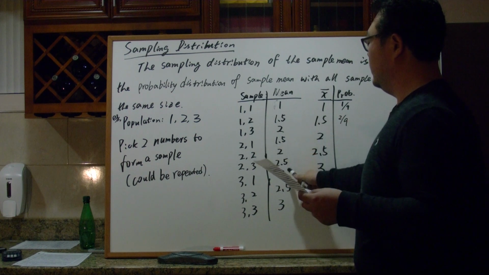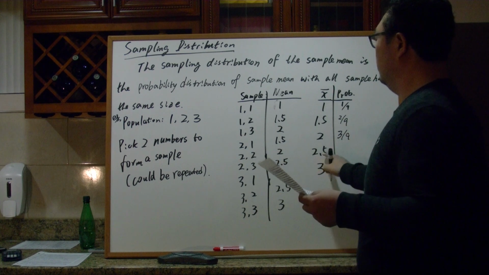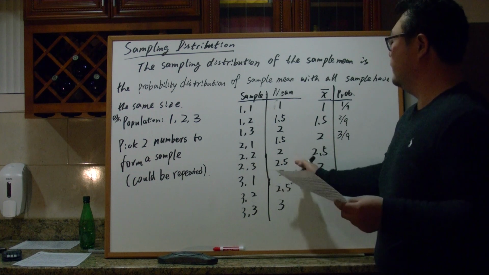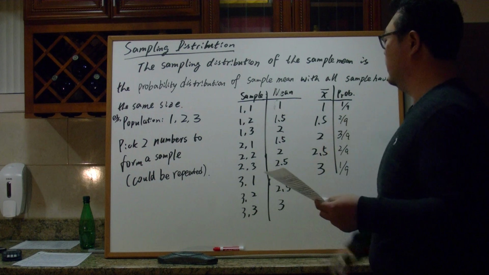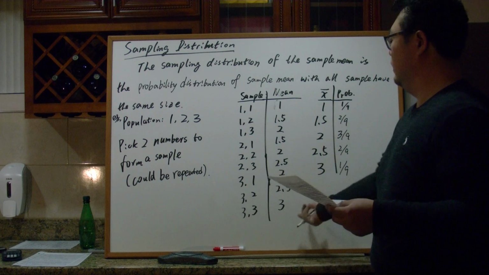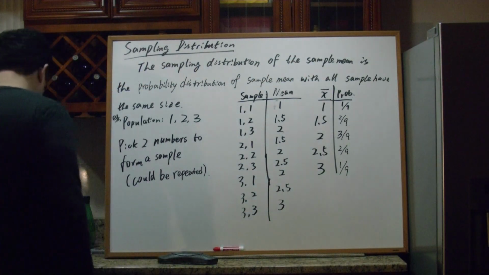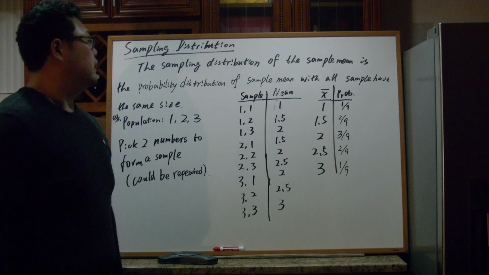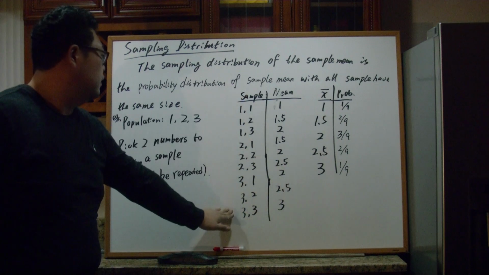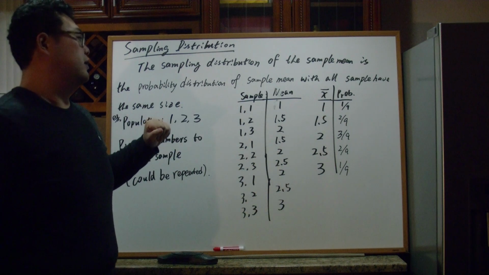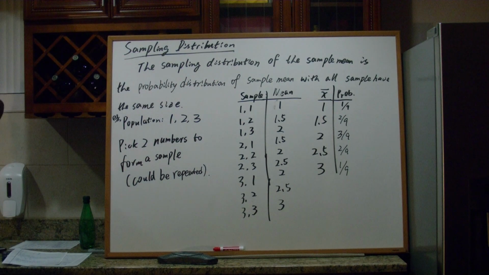For the mean to be 2, that's 3 over 9. For the sample mean to be 2.5, that is 2 cases, and only one case for 3. So that is the probability distribution of the sample mean for all samples of size 2 from the population. Right, that is what it means.